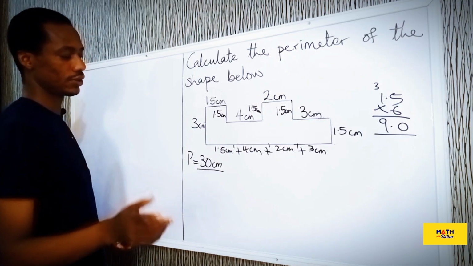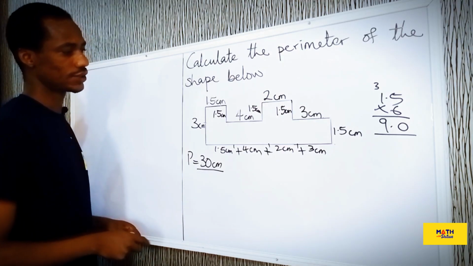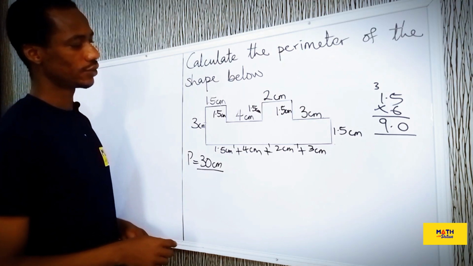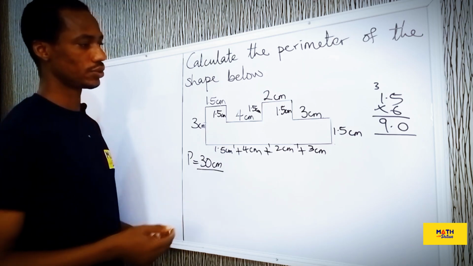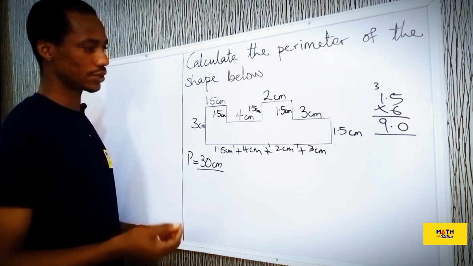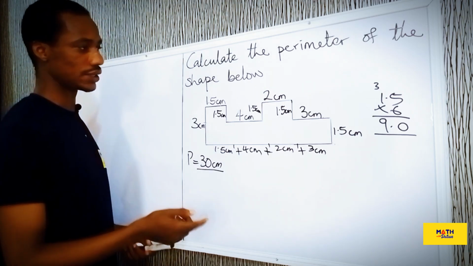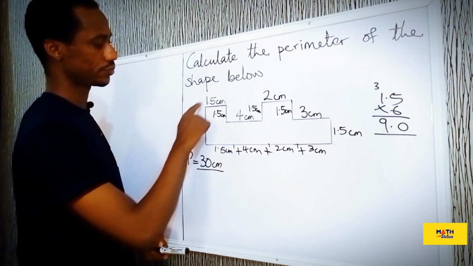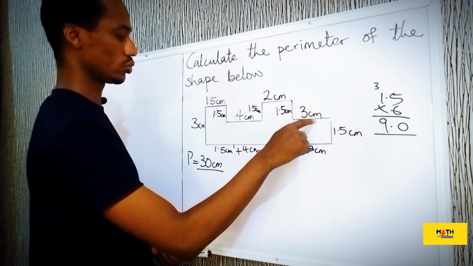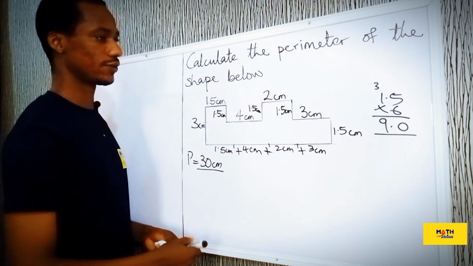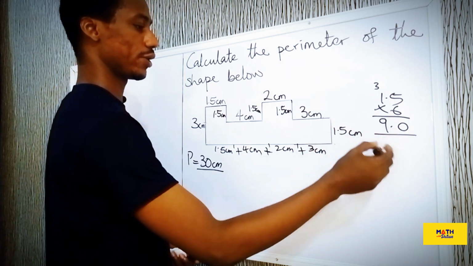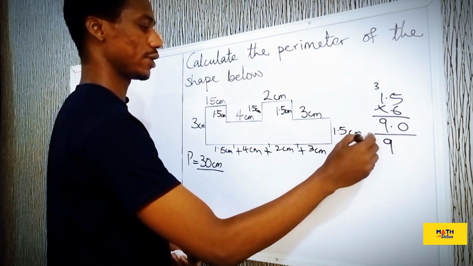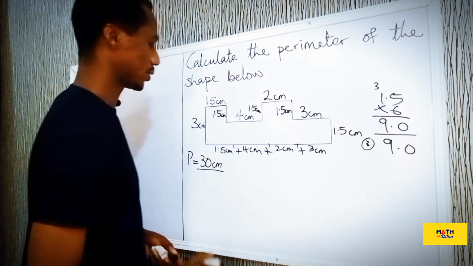So all the 1.5 give 9. Then we have the whole numbers, so I could just add all the whole numbers. Or I take all the 3s now. We have 3 3s. That's another 9. For the 3s, we have 9.